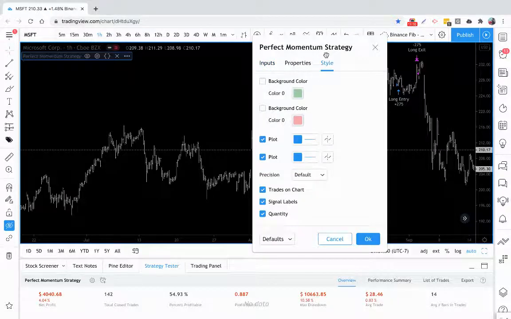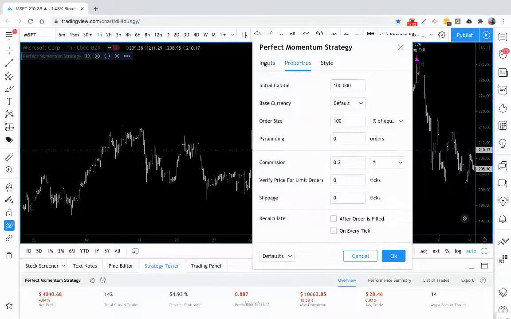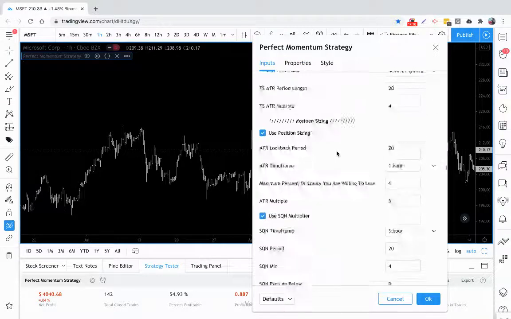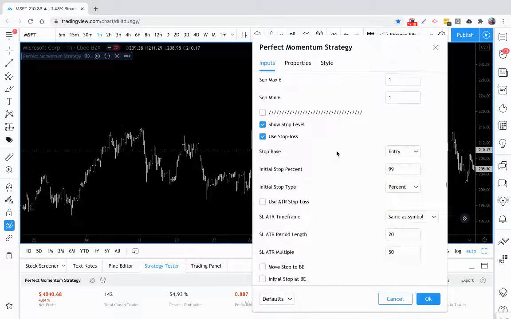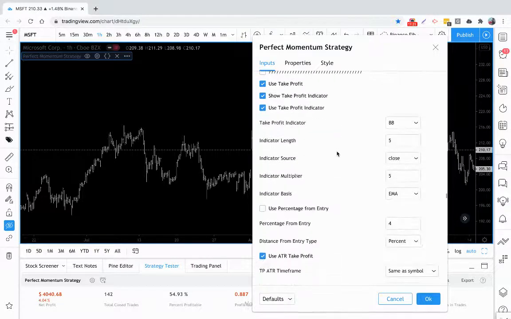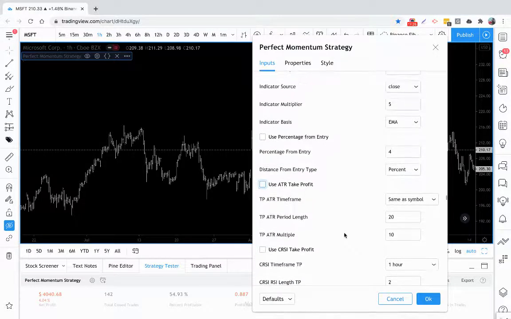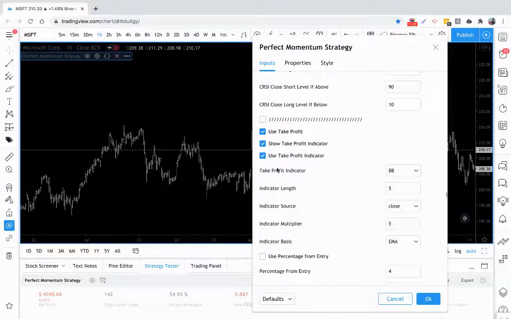And make sure we have that all turned on. Yes, we do. Perfect. So go back to our take profit strategy settings. Just waiting for it to calculate.